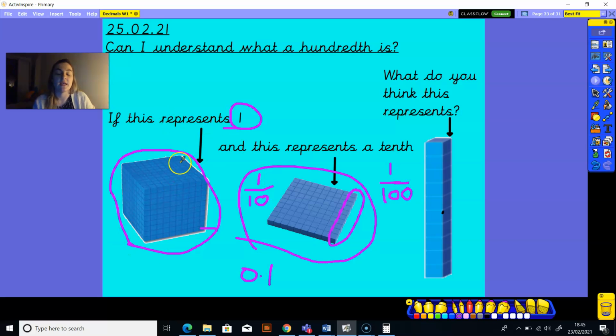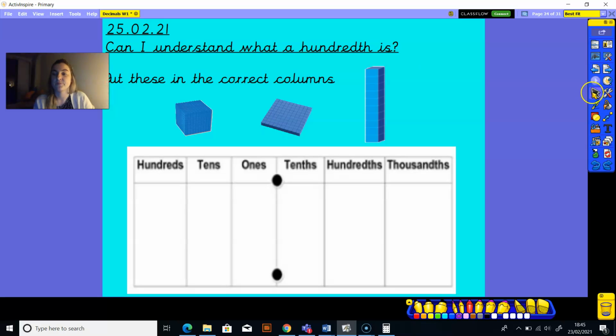So can you see the units that we have, they are getting smaller. Okay, so the amounts are smaller. So we've got our whole here and our tenth, and then our hundredth is only a very small part of our whole. So let's go on and have a look and see how we would write that as a fraction.